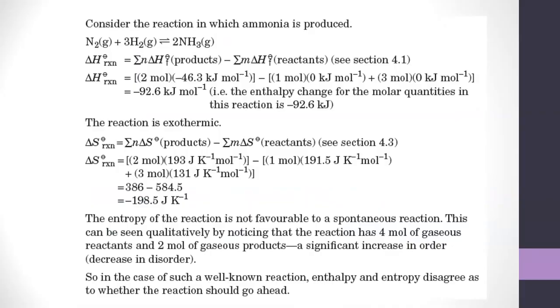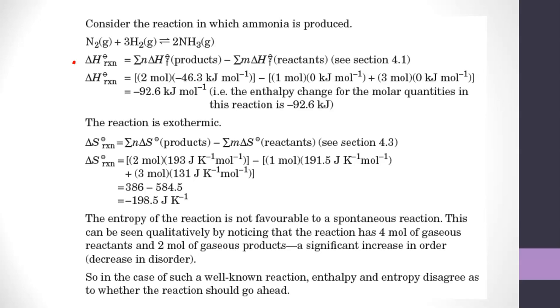If we consider the reaction that produces ammonia, the Haber process, we have N2 plus 3H2 in equilibrium with 2NH3. We know from the enthalpy that this is an exothermic reaction, and we can calculate the enthalpy of the reaction under standard conditions using the enthalpy of formation of the reactants and the products.